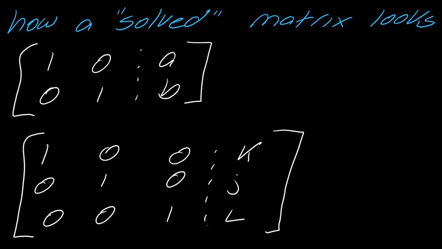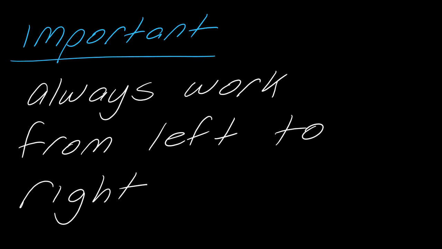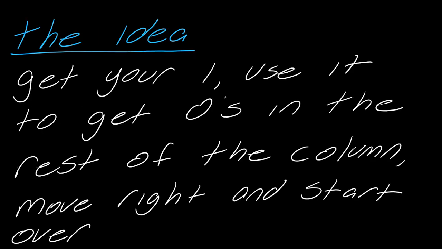Okay, so in using this method, you always want to work from left to right in your matrix. The idea is that you want to get your first one and then use that one to get the zeros in the rest of the column, move over to the right, and then get your next one. I want to point this out one more time because I'm trying to help you build a little bit of intuition before I jump into this, because you're going to be like, wait, why are you doing this?